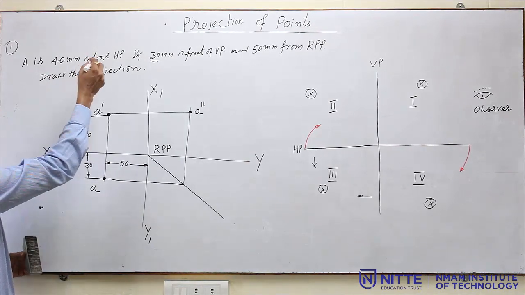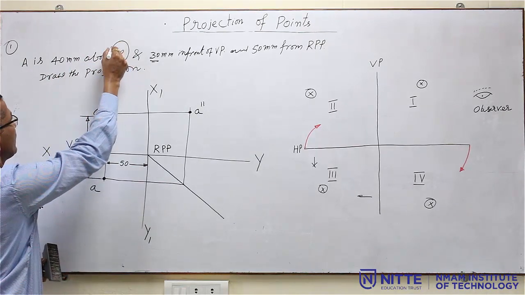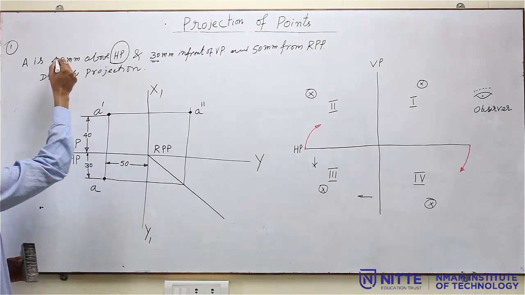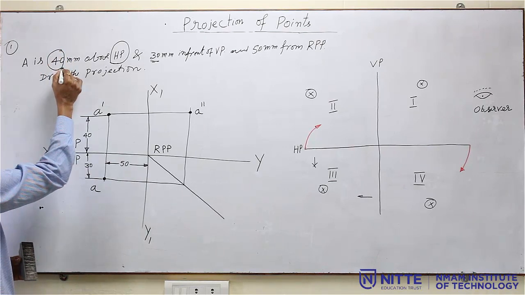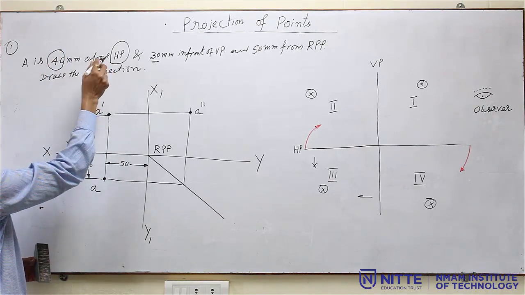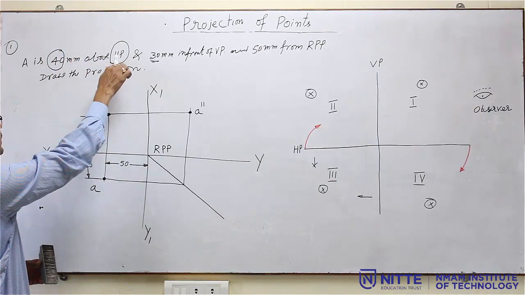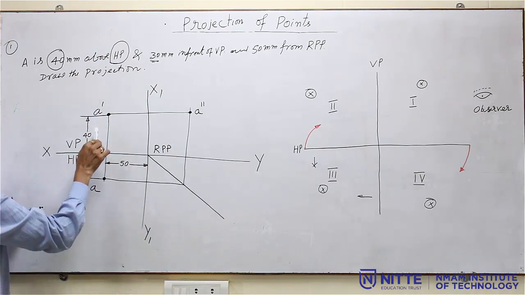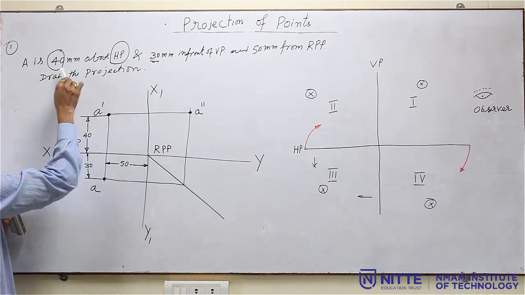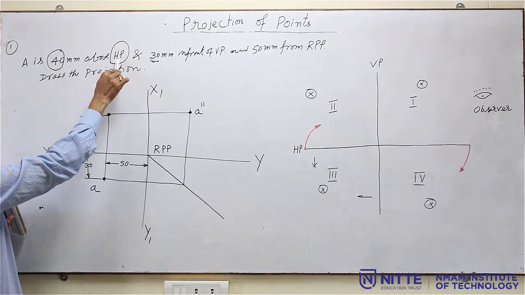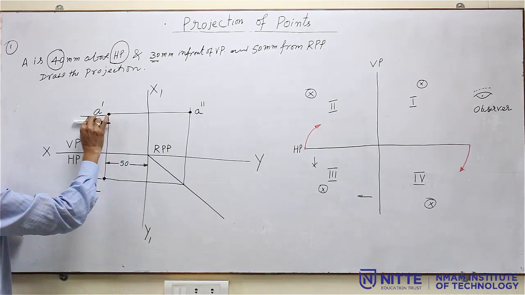Then all the dimensions with respect to HP, what is that dimension? 40 mm. 40 mm above HP or below HP, whatever the dimension with respect to HP, you have to represent it on VP. So, you can see here 40 above HP, so that should be on VP.